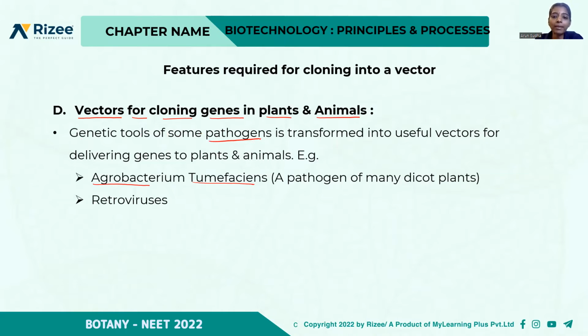So the genetic tools of some pathogens. These pathogens have the genetic tools, and it is transformed into useful vectors. Actually, it is pathogenic and you're converting it into a useful vector, right?